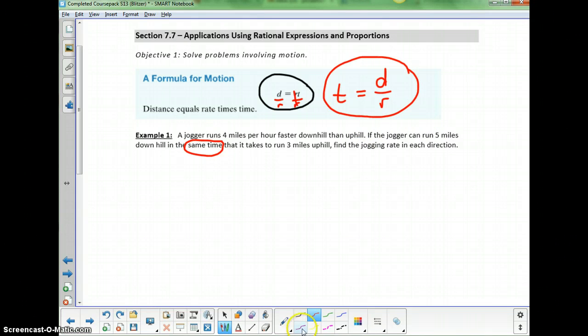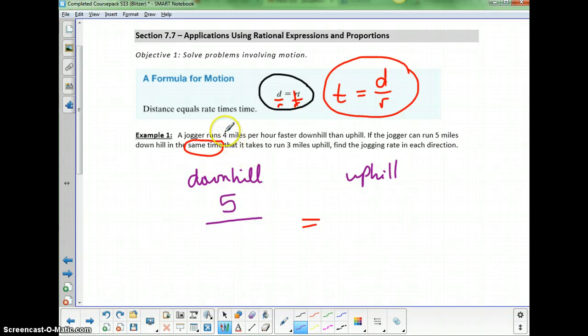To set this up, I have a downhill and an uphill. These are the two types of running we're talking about here. I know that the time downhill is equal to the time uphill, and the time is a ratio of distance to rate. For downhill, the distance is 5 miles.